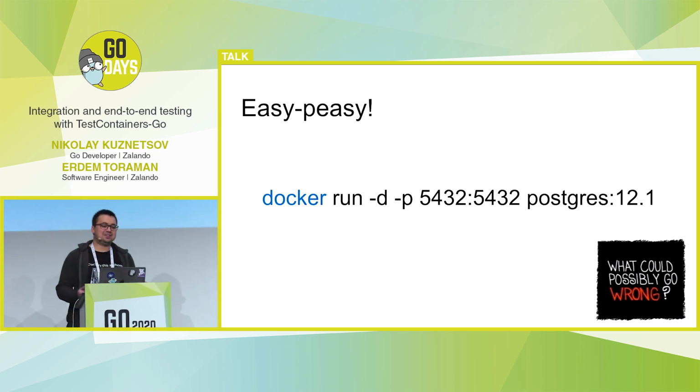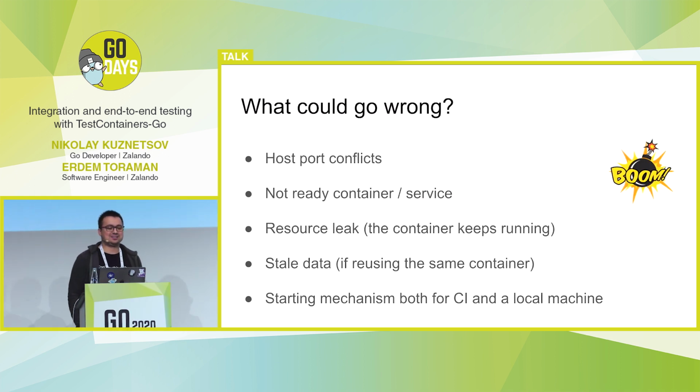So this is the first approach: we just do a docker run, we run Postgres, and then we run our test against this Postgres inside the container. So what could go wrong? There are certain things which could go wrong.